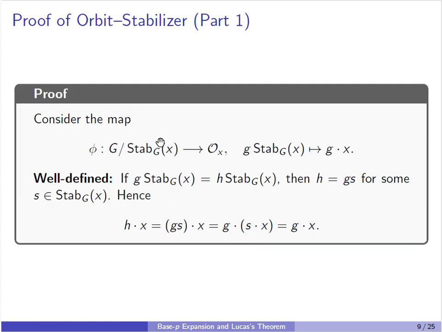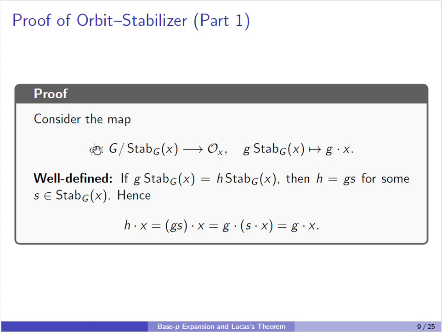We claim that the number of elements in this set of cosets is the same as the number of elements in the orbit of x.